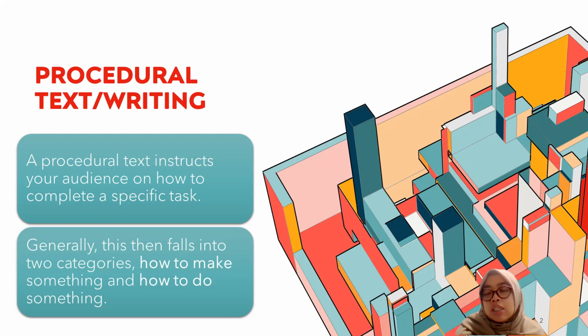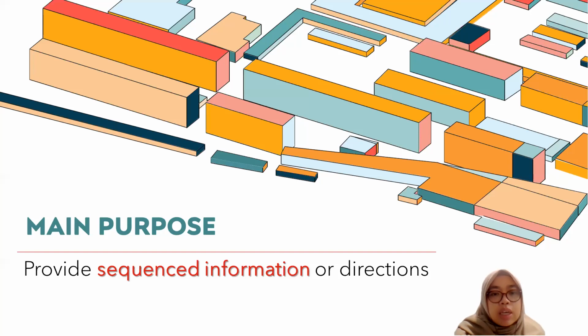Mungkin berikutnya kita akan kembangkan bagaimana Anda menyampaikannya kepada target audiens. Cuman untuk kali ini saya fokus ke tulisan dulu, ya. Main purpose-nya adalah provide sequence information or direction. Again, sequence, ya.